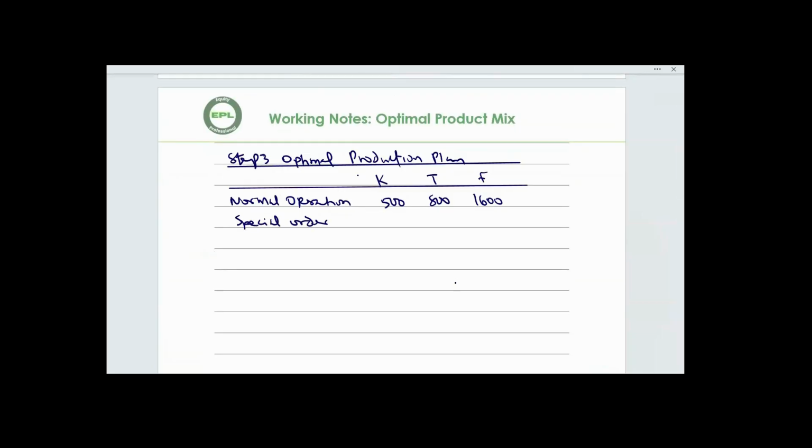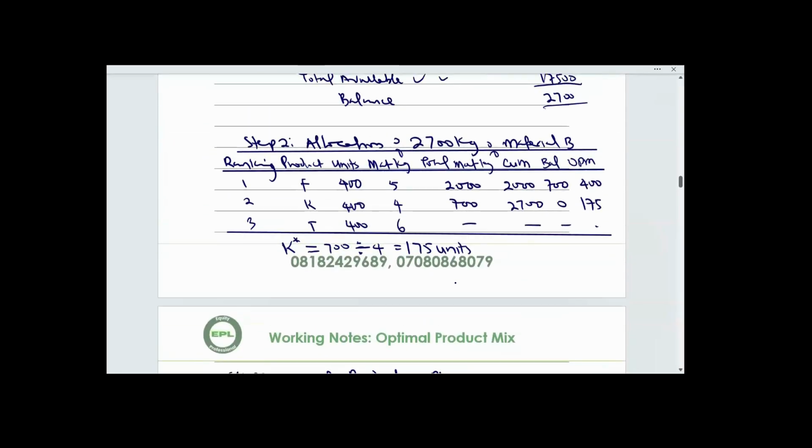Then the second allocation, which is special order in this case. For K, how many units are we producing on special order? 175. T 400, F 400. So the total units that will maximize contribution is 675 for K, 800 for T, then 2,000 for F. So this is the production plan that will maximize contribution.